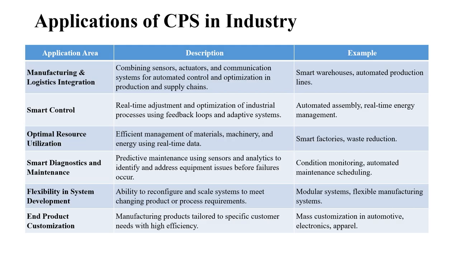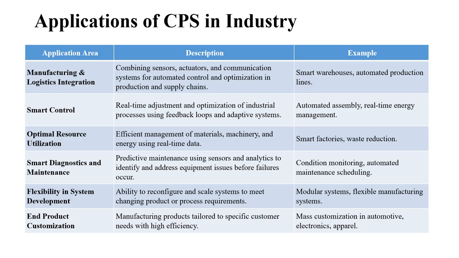And examples here are the modular systems, then flexible manufacturing systems. Flexible manufacturing systems in an automotive plant can easily switch between the production of different vehicle models using the same assembly line, with CPS controlling the necessary adjustments.